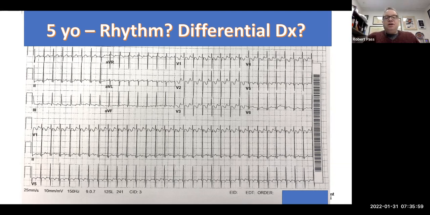That's a good question. It would be hard to tell, actually, but again, I think one way would be this thing that I just mentioned, which is that oftentimes EAT will transiently terminate, whereas flutter would not. And then I think a lot of it has to do with epidemiology. 5-year-olds with structurally normal hearts, I'm not sure I've ever seen atrial flutter in a 5-year-old who has a structurally normal heart.